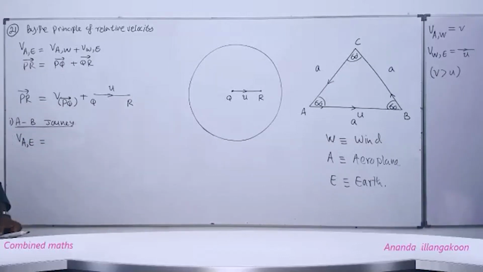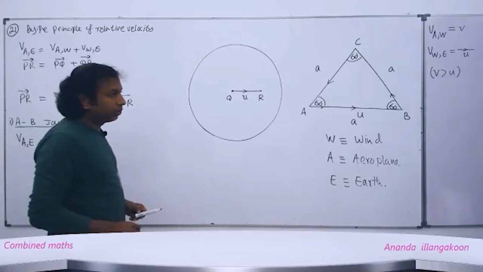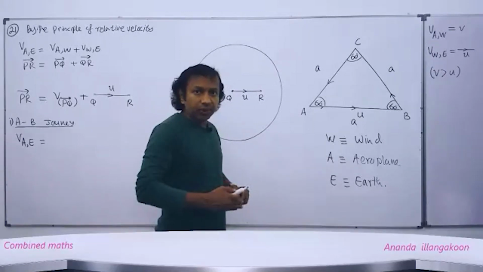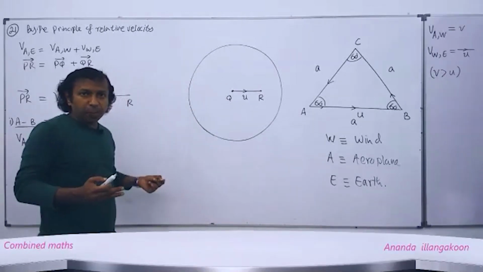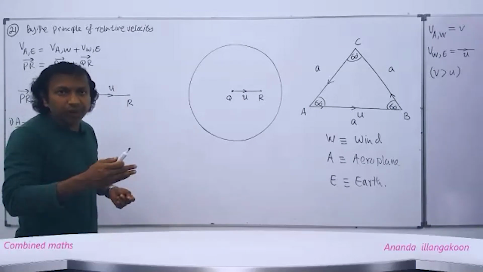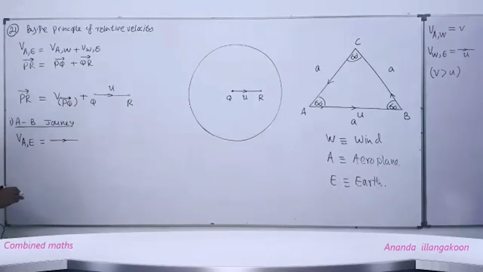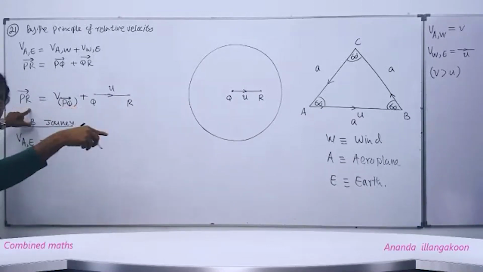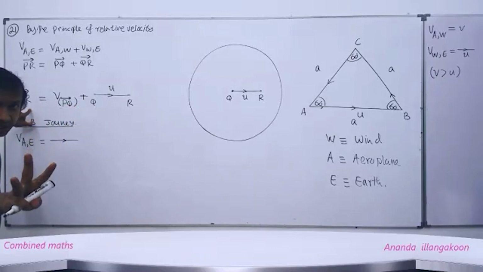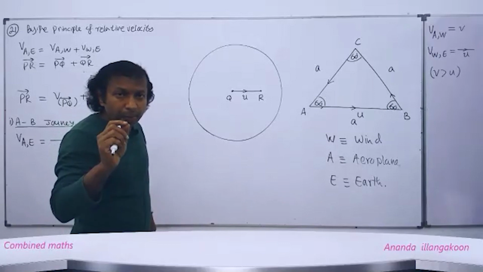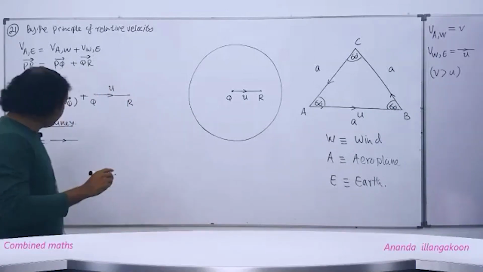When the aeroplane moves from A to B, its direction is A to B. The velocity of the aeroplane relative to Earth should be along A to B, in this direction. That vector is commonly PR. But since here in the same diagram we have three velocities to find, I take that point as P1, right?